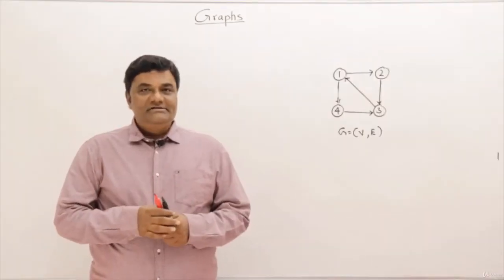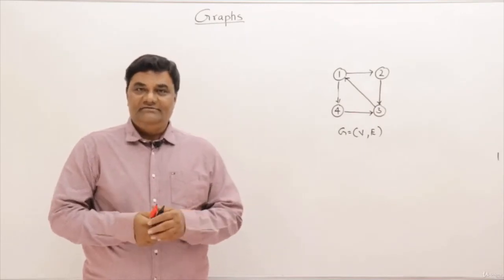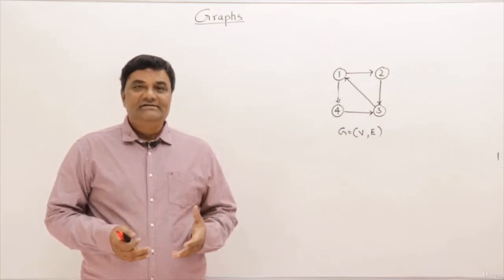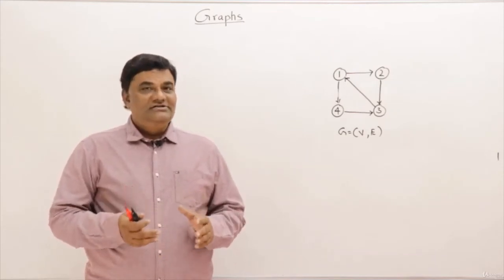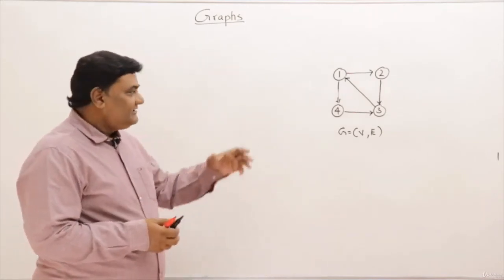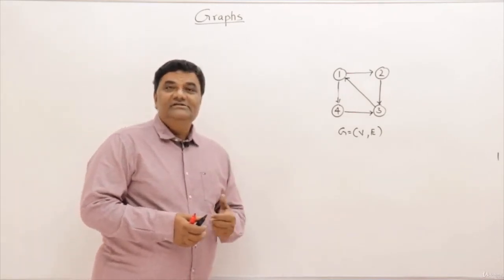Let us look at the representation of a directed graph. Already we have seen it for a non-directed graph. We follow the same methods, that is adjacency matrix and adjacency list. So here I have a directed graph. Let us see how to represent it using an adjacency matrix.